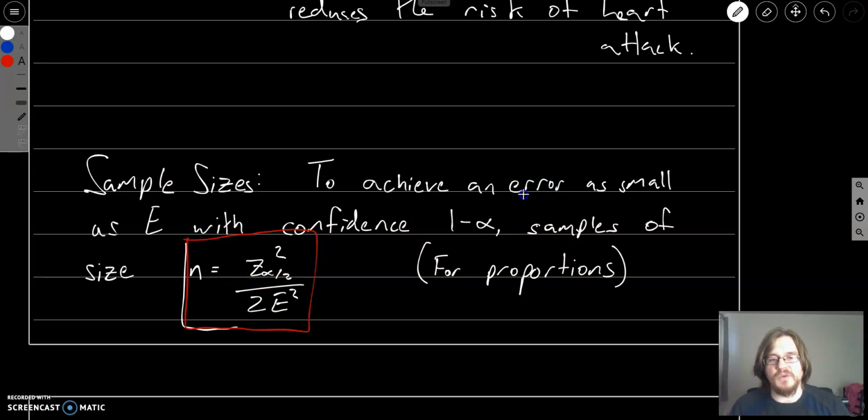So if we want an error as small as e, and the confidence is 1 minus alpha, we need a sample that is as big as this. So we take the critical z value, square it, divided by 2 times the error squared.